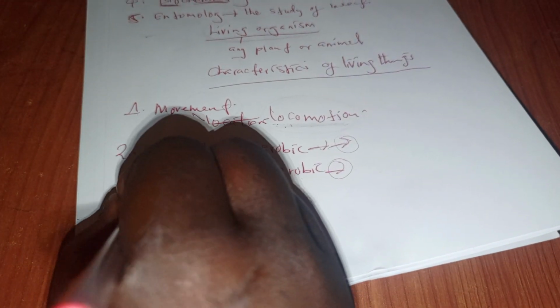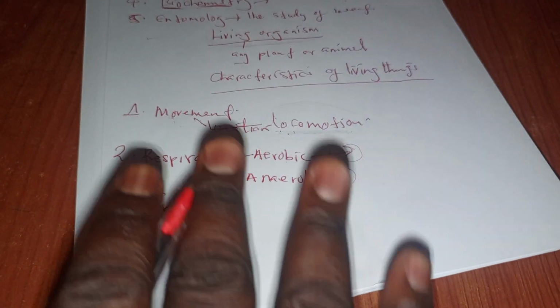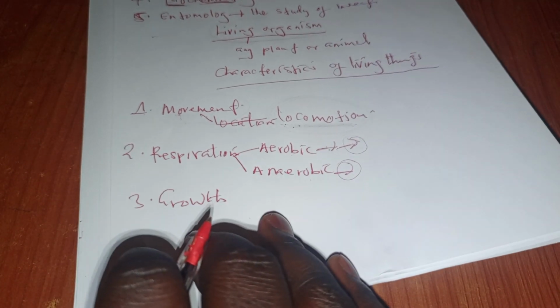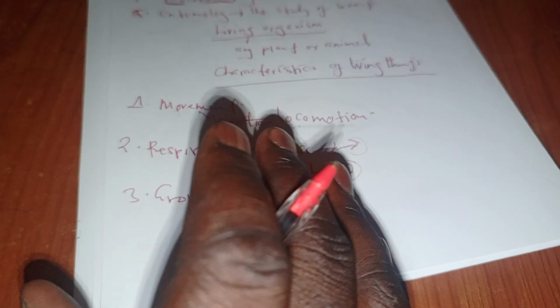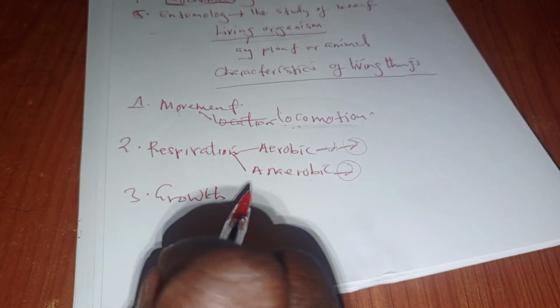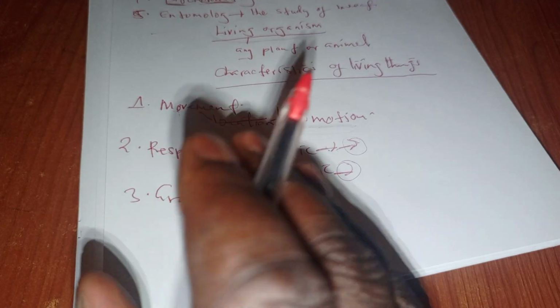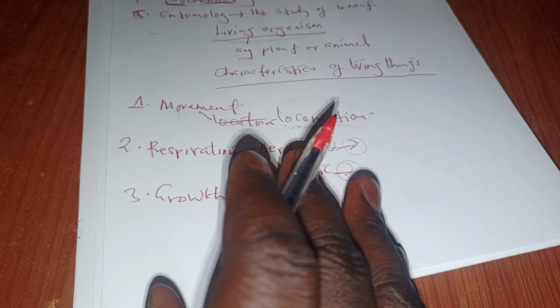Number three, we have growth. All living organisms undergo this process called growth. Growth is a permanent increase in size, mass, and also the number of cells and complexity of an organism.